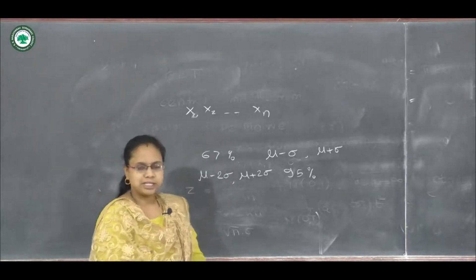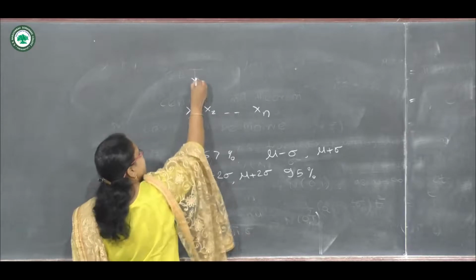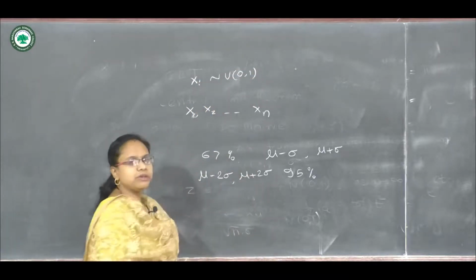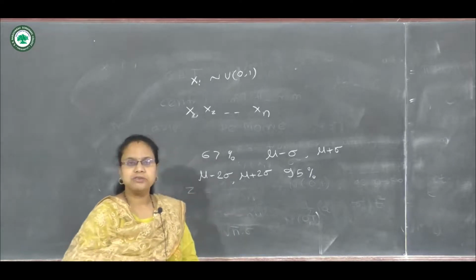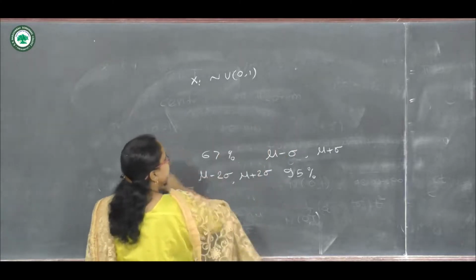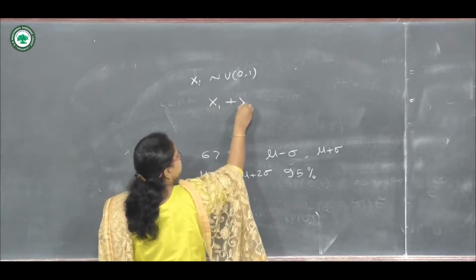So let's see one example. Suppose xi follows the standard uniform distribution. Then as we go on increasing the number of xi's, it will converge to normal distribution.